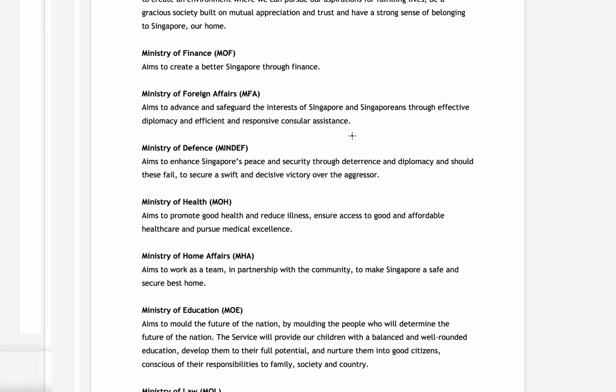MINDEF, the Ministry of Defence, is in charge of Singapore's external defence, so our army, our air force, our navy, and recently there's a new digital branch here. That's all MINDEF. We'll talk about MINDEF as well in the next unit.